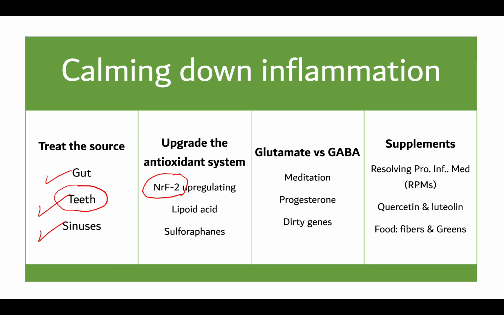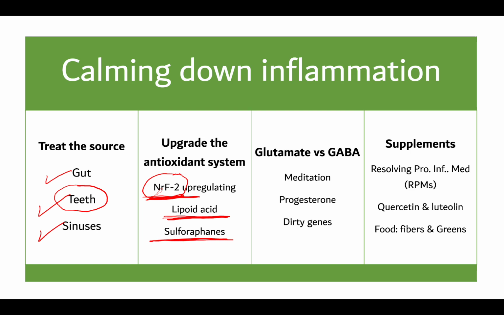So how can I upgrade this NRF2? We use the lipoic acid. Lipoic acid is famous for its ability to treat peripheral neuropathy in diabetes. However, it's very important for activation of the NRF2 to clear the toxins from the body. Also, the sulforaphanes.